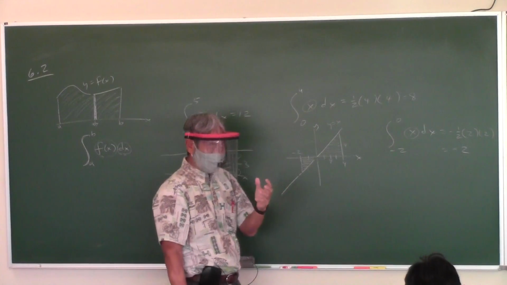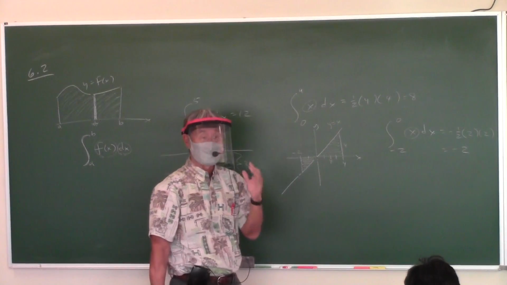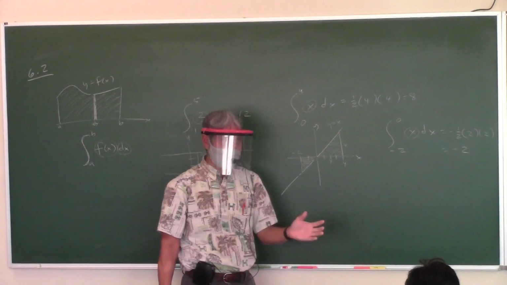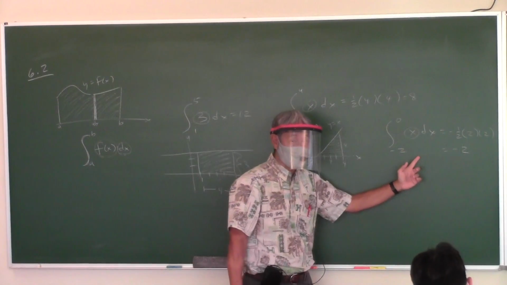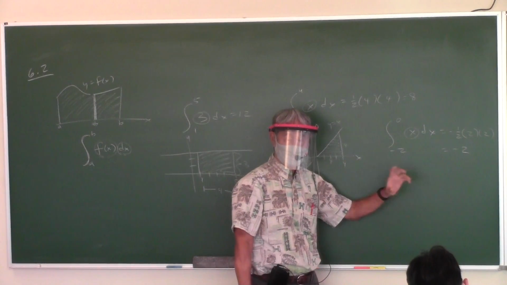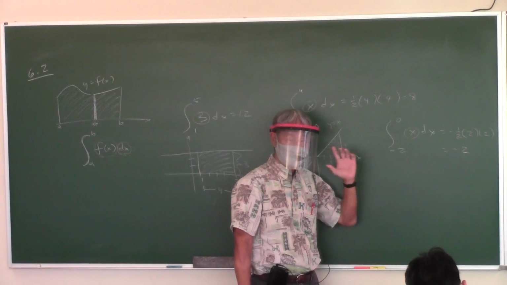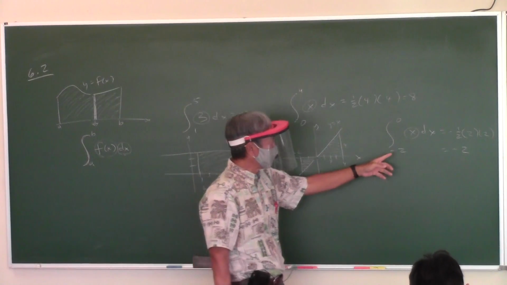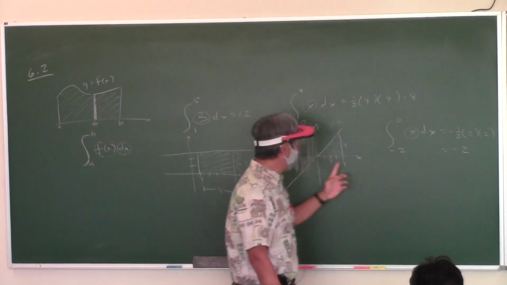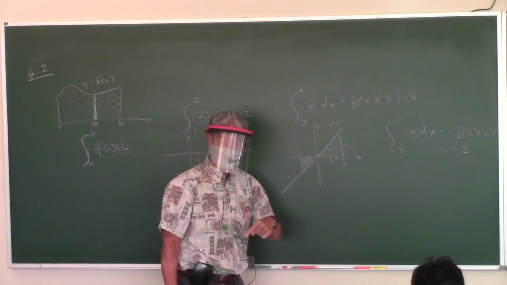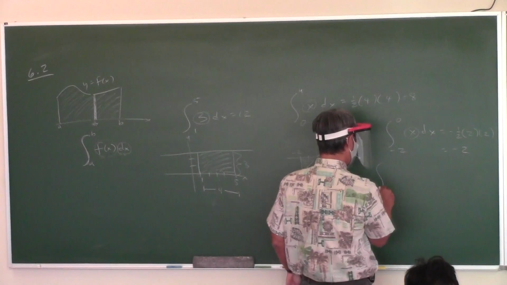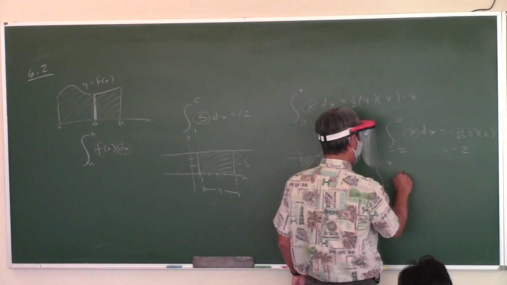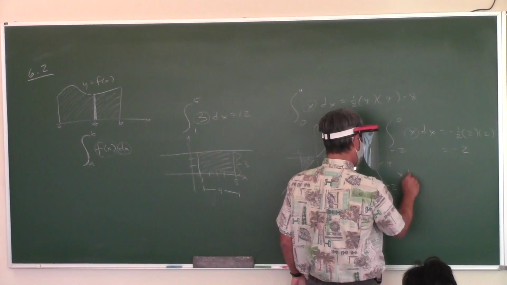Now, this is very important to know. Area cannot be negative. There is no such thing as negative area. However, the value of an integral can be negative. You see the difference? Area cannot be negative, but the value of an integral can be negative if the graph goes below the x-axis. So if that's the case, what do you think the integral from -2 to 4 of x dx will be?